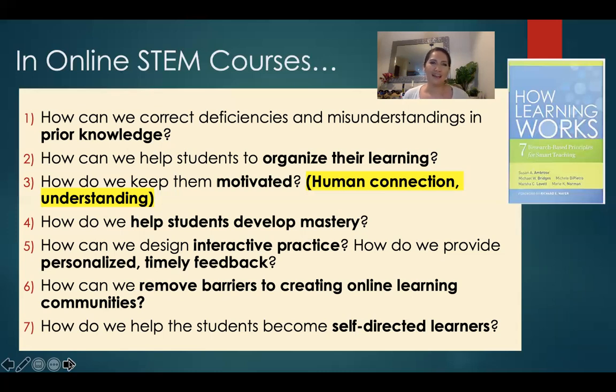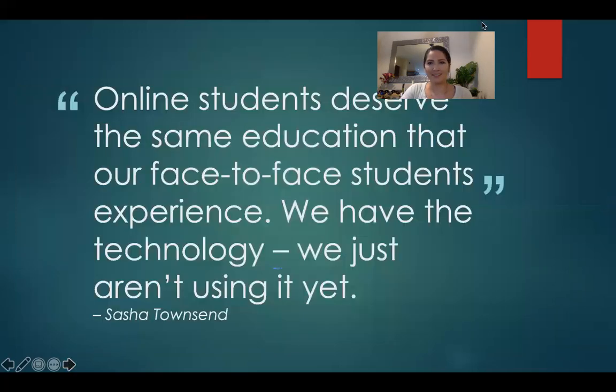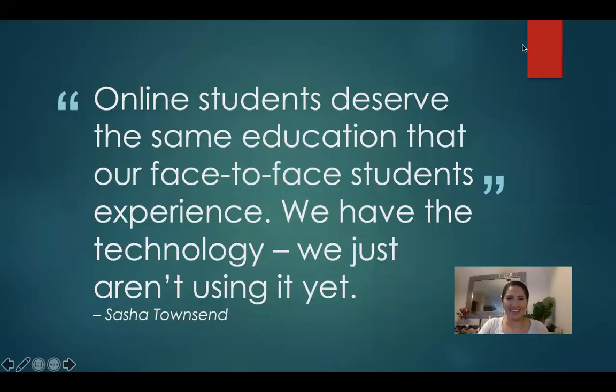So I'm hoping that by having more conversations with people from diverse backgrounds, from diverse fields, diverse domains, we can come up with some solutions that really work for our students. Because again, this is my quote again, online students deserve the same education that our face-to-face students experience. And I think that with the technology we have, we could create something so much better.